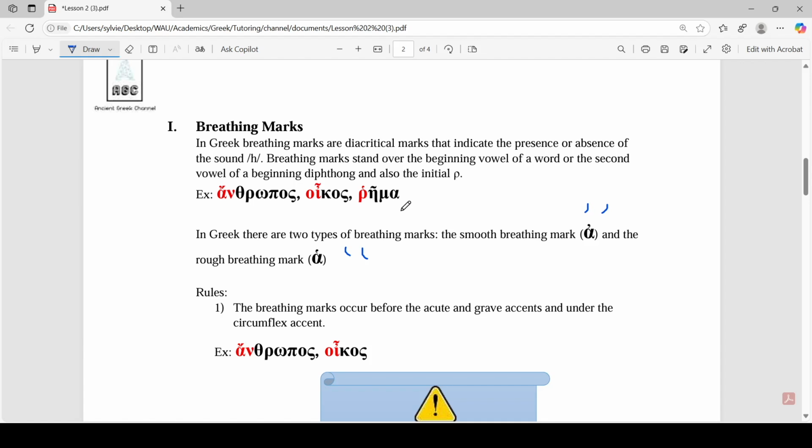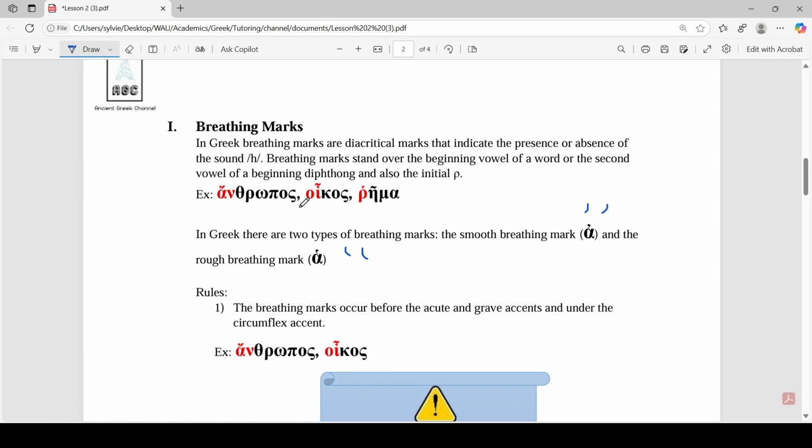Well, we have these three words where we got breathing marks. Let's try to identify these two different kinds of breathing marks in these three words. We got our word anthropos, that means man or human. In the word anthropos, we have the acute accent, as you can see here.